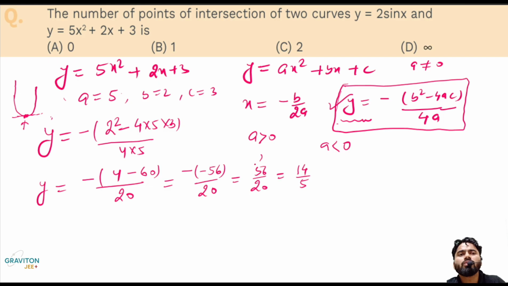So your y value will be 14 by 5, which is 2.8. So this expression will attain a minimum at x equal to minus b upon 2a, and that minimum value will be 2.8.